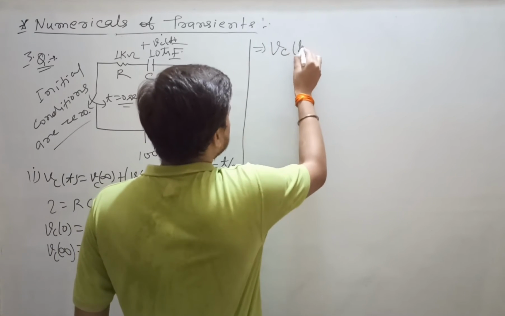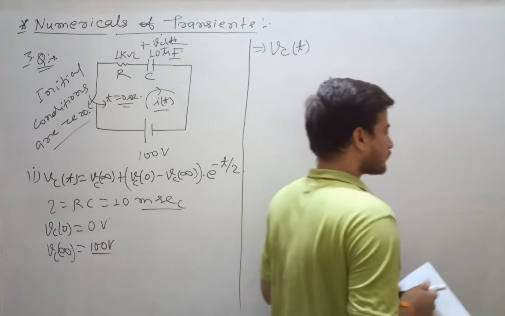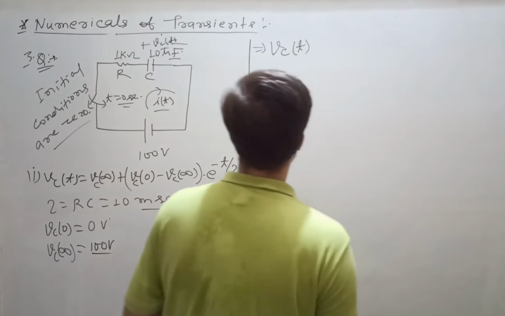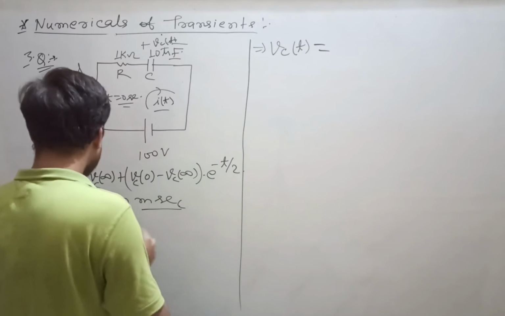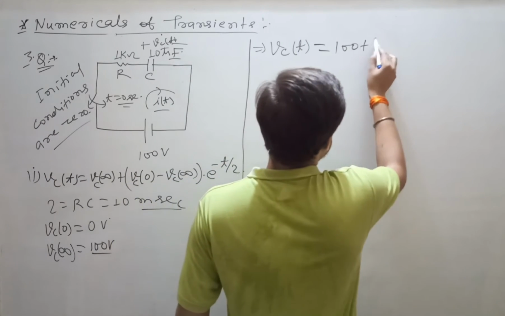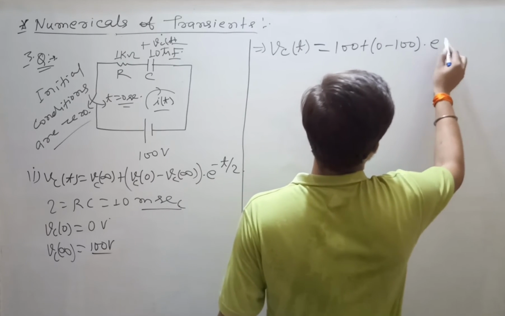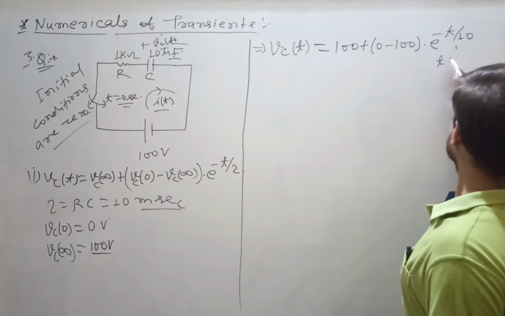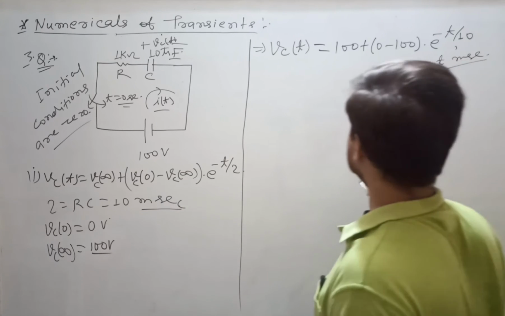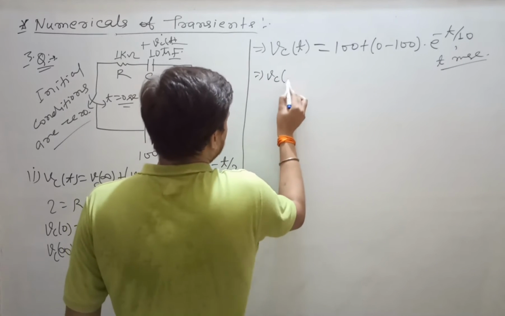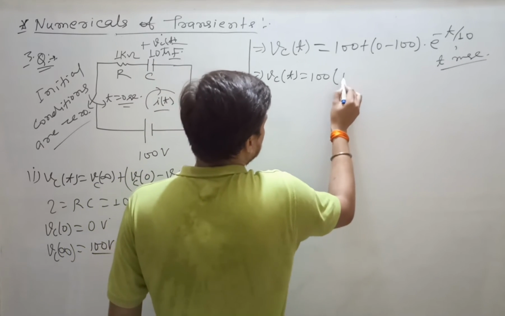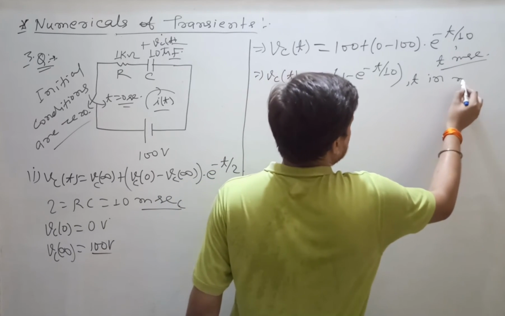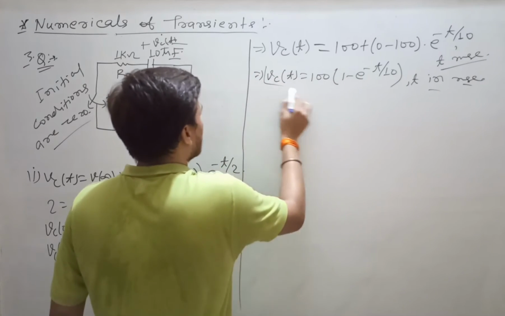It will be VC infinity, that means 100, plus 0 minus 100, into e to the power minus t by 10, where t is in millisecond. From here VCT is coming 100 into 1 minus e to the power minus t by 10, t in millisecond. So this is the answer of the first question.